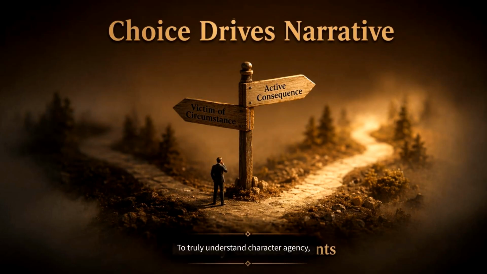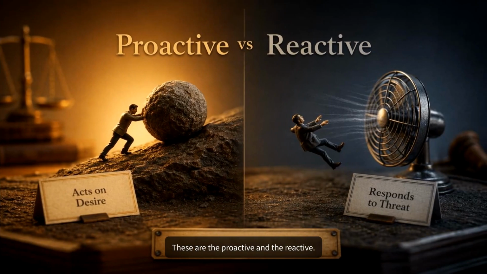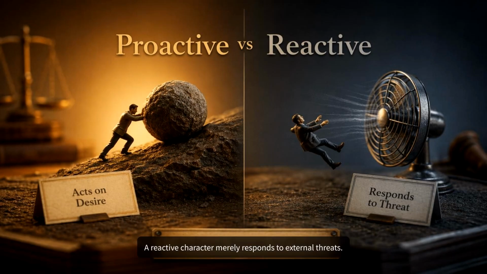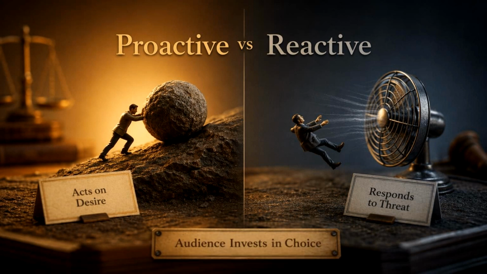To truly understand character agency, we must draw a clear line between two types of protagonists. These are the proactive and the reactive. A proactive character acts on internal desires, driving the narrative forward. A reactive character merely responds to external threats. This distinction dictates plot control.